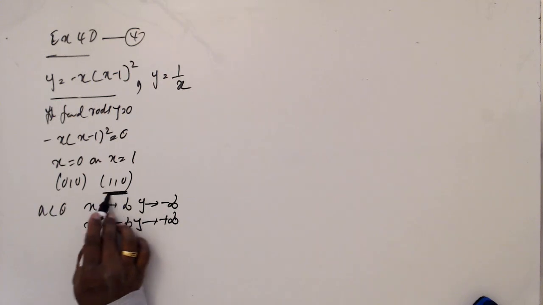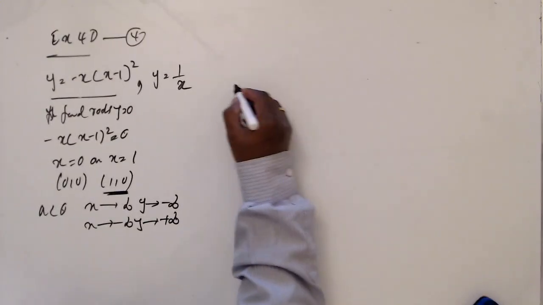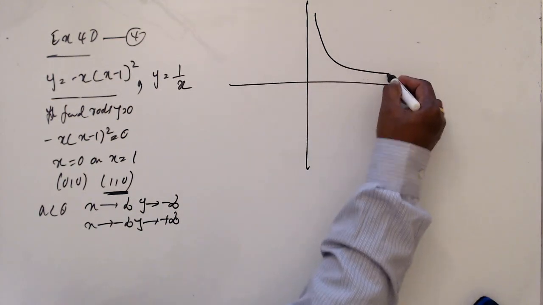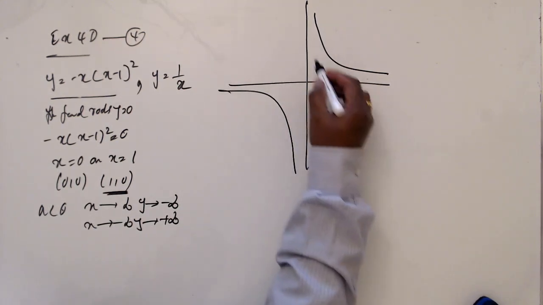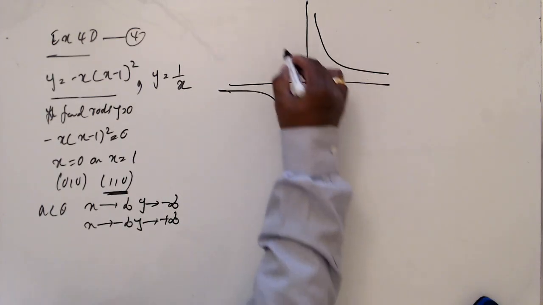x equals 1 is a repeated root. So this is a standard one. We can draw it like this. And (0, 0) and (1, 0).